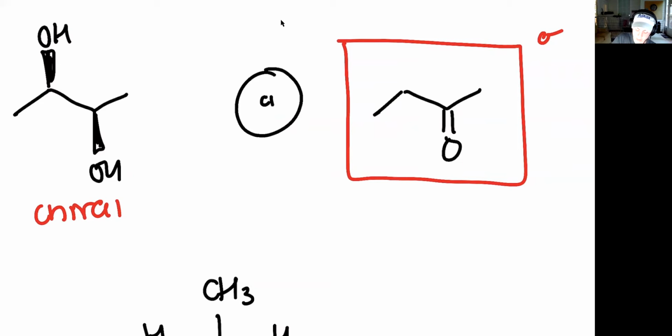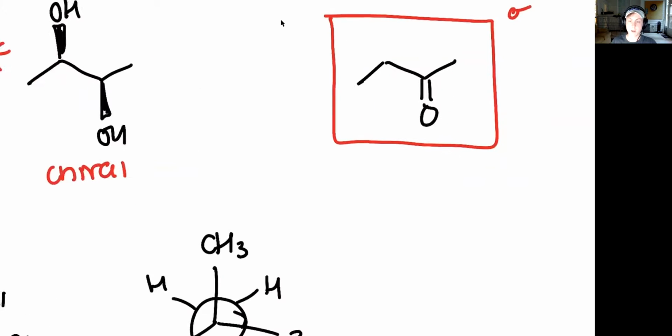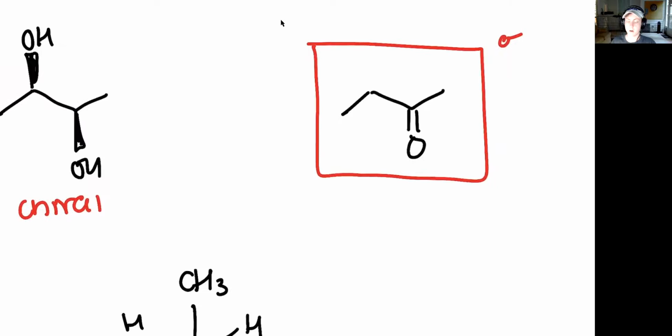And now we can see that there is a sigma plane. Again, that may not apply to you, but I found it a little difficult with a chlorine or a fluorine, just because the letters themselves were not symmetrical. Just don't get messed up with that. So this molecule right here has a sigma plane, no chiral centers, so it's going to be achiral.